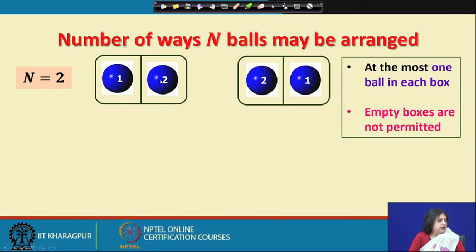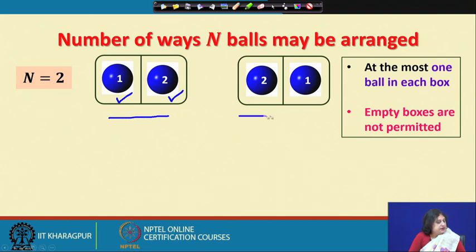Then obviously, you will be able to say that, well, these are the 2 ways in which I can arrange the balls. And what are these ways? The first one has ball number 1 in the left side compartment and ball number 2 in the right side compartment.